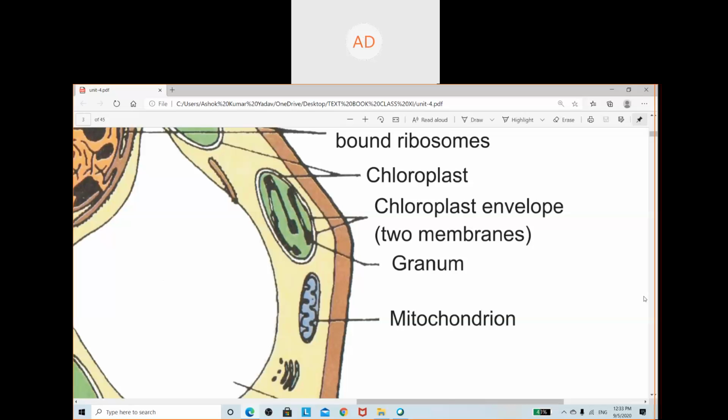CF0 CF1. Repeat that two times. CF0 CF1, and in case of mitochondria, remove C and repeat: F0 F1.